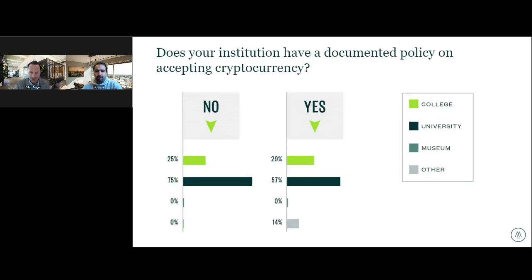This is really interesting to us in terms of policies, similar to a debt policy or an investment policy. Do you have a policy on cryptocurrency? It looks like of those that do, mostly on the university side, and those that don't, we did get a lot more university respondents than colleges.